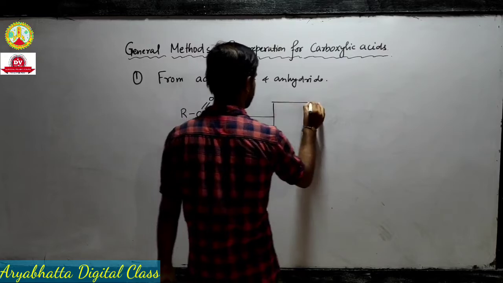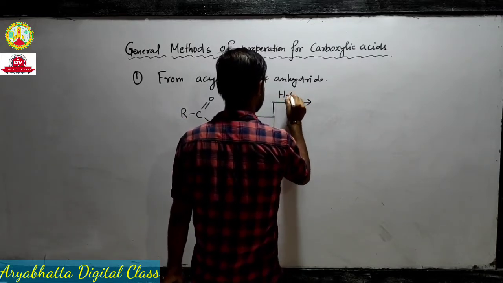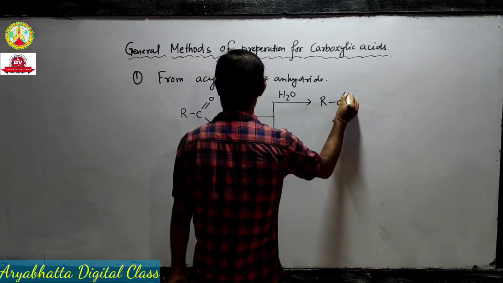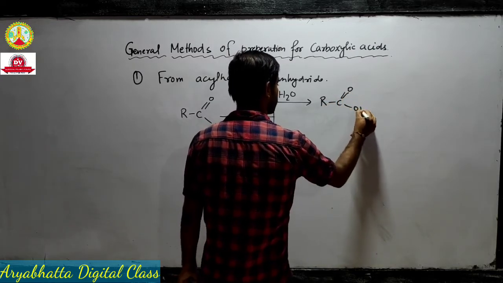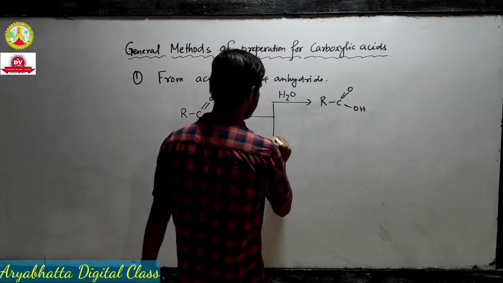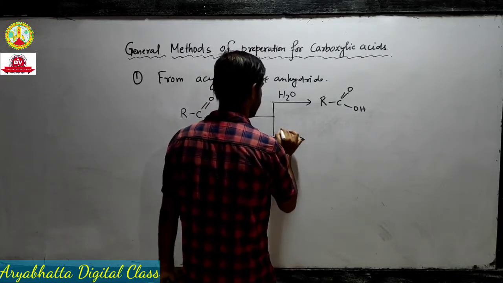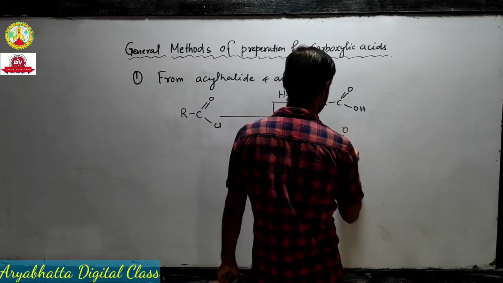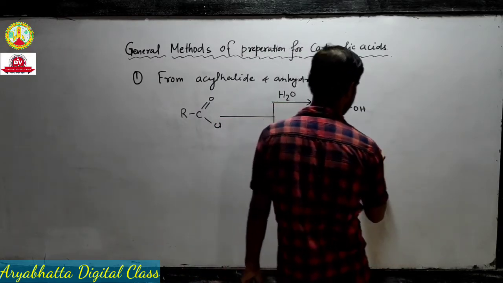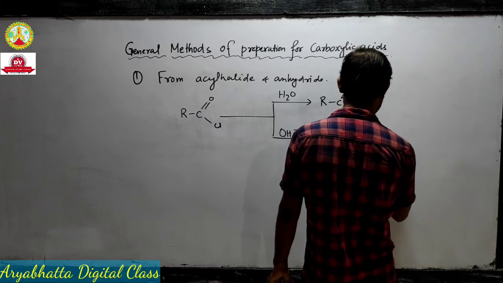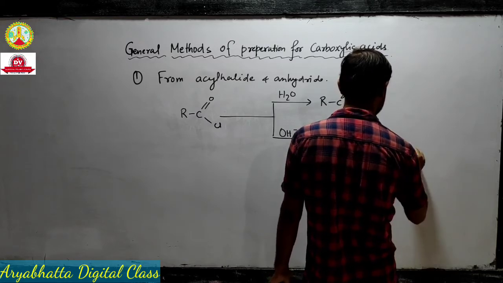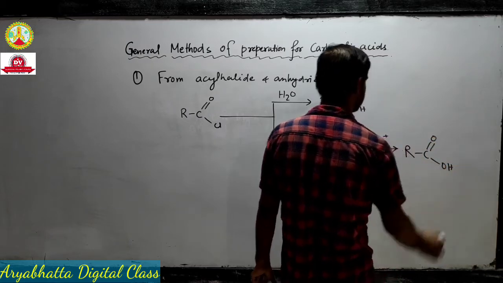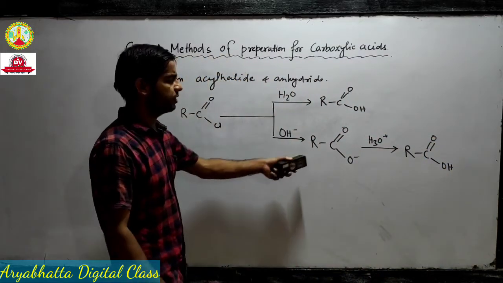Simply you can hydrolyze it and you will get this. Or we can take a base, then it will be converted to this ion, and after that if we do acid hydrolysis, we will get this.